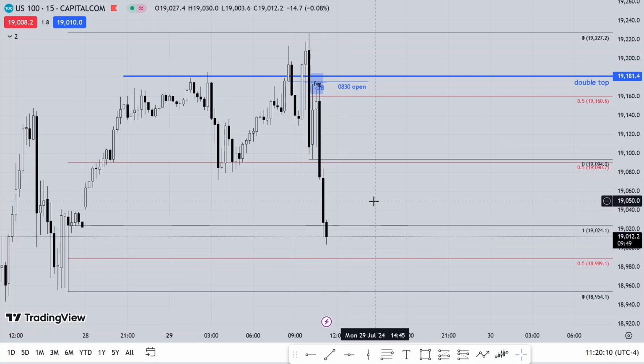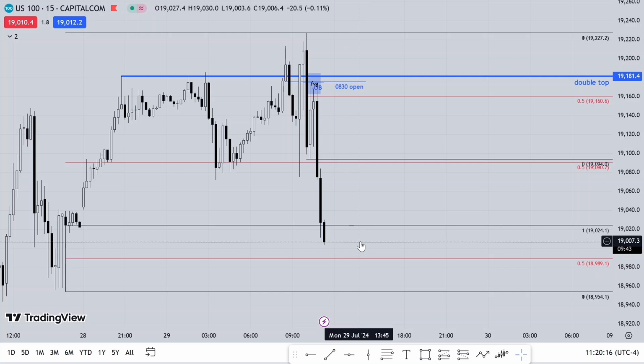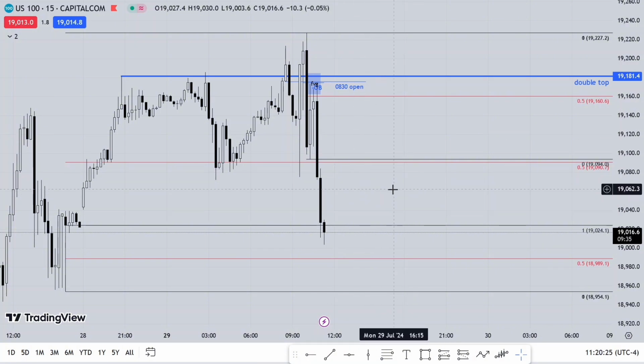So any reference point that is below the current market price, because this is the current market price, below those current market price is a discounted market price, and above it is premium. So everything above that market price in that current dealing range is a premium price, and everything below it is a discounted price.